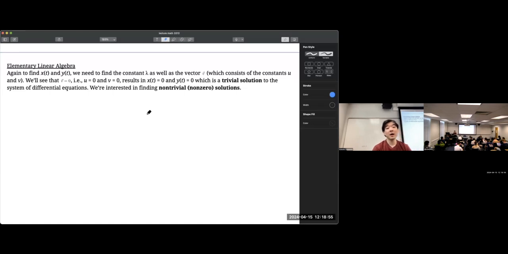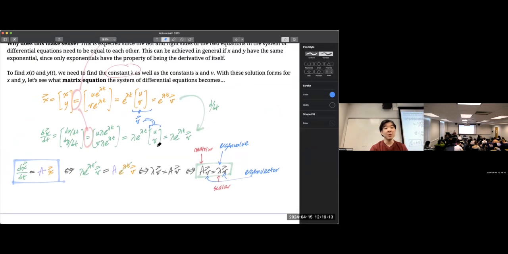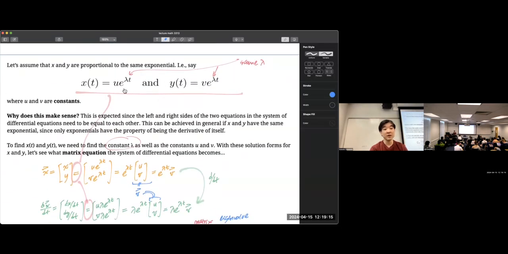So what's the point? We have to find our lambda as well as our vector v. Why do we need lambda and the vector? A is known. A is like the a, b, c, d, which is the coefficient matrix. But the v vector and the lambda are not known. And the v vector contains u and v, which are the coefficients in front of the x and y, and the lambda is there.